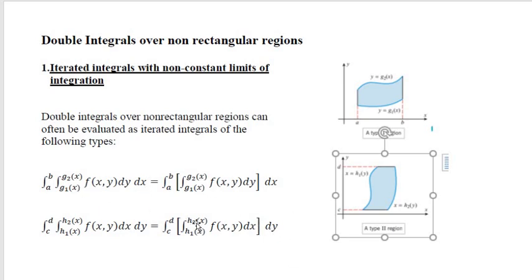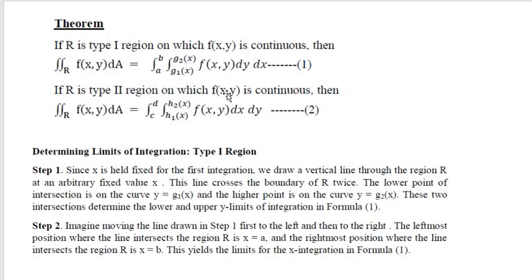When we change the limits with respect to type 1 and type 2, then that is called change of order of integration. So this is the case when we consider type 1 and type 2 region.